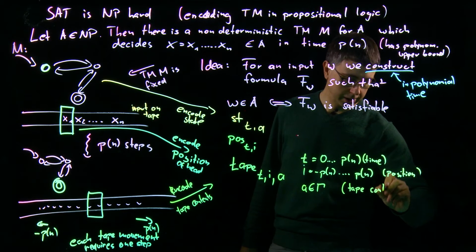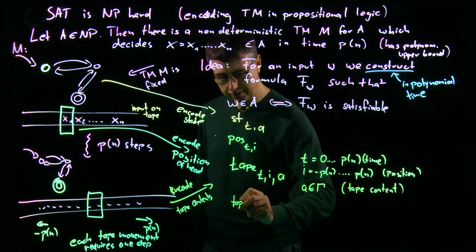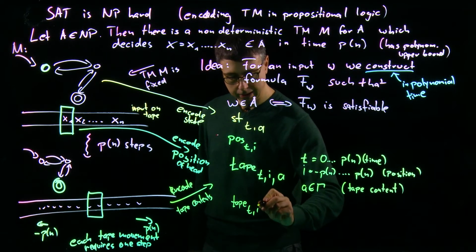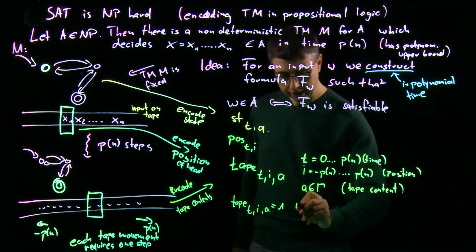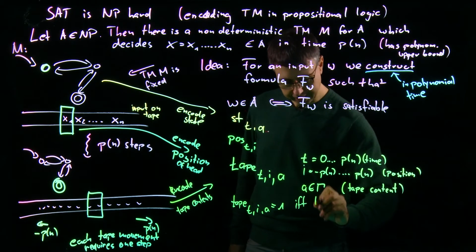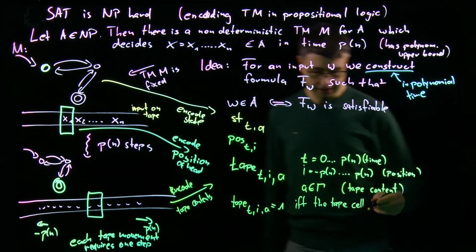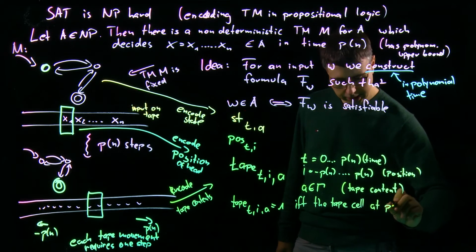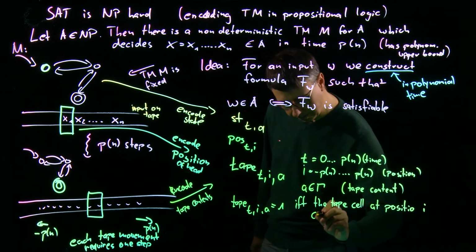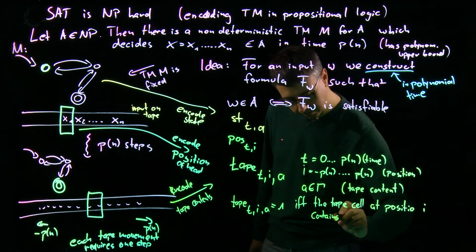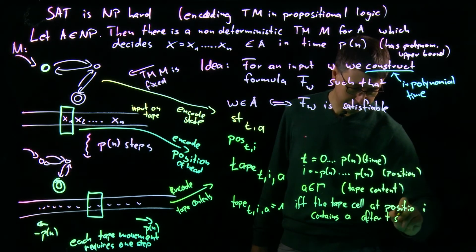And again, the idea is that this propositional variable tape, the index t, I, and a, is equal to 1 if and only if the tape cell at position I contains the letter A after t steps.